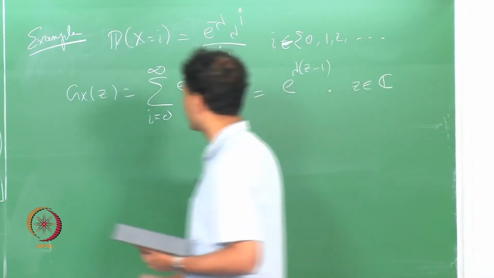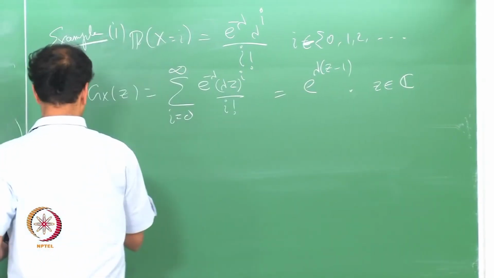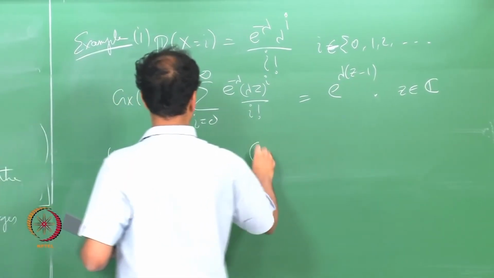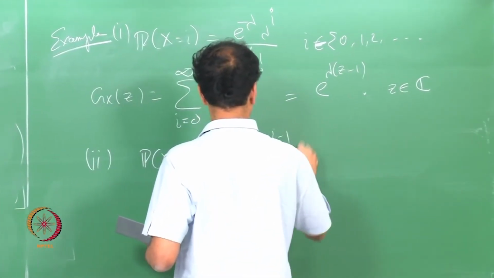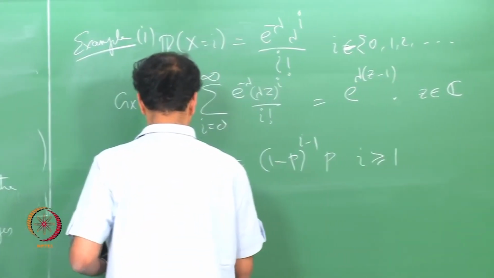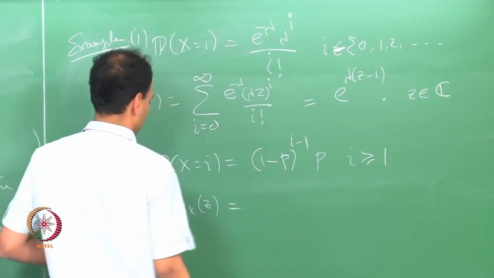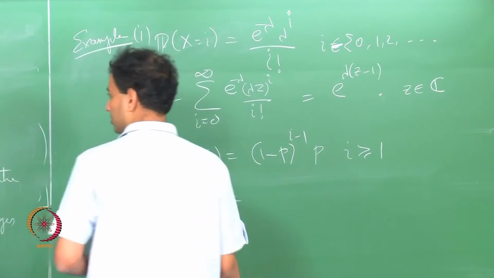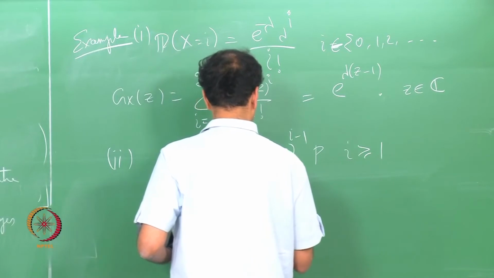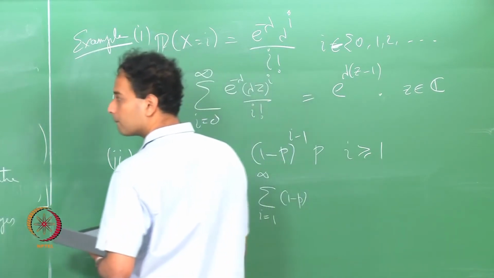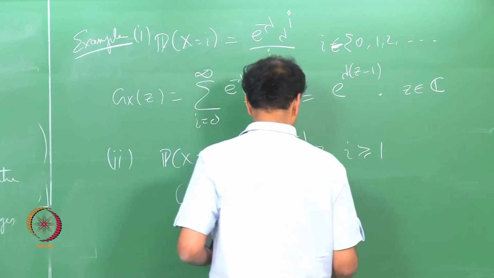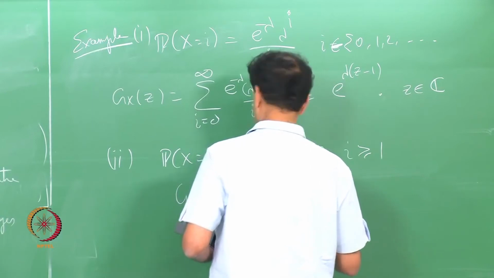On the other hand, if you try doing this for geometric, so if you have p x of i is equal to 1 minus p power i minus 1 times p, then you will get g x of z is sum over i equals 1 through infinity 1 minus p z whole power i times p, isn't it.